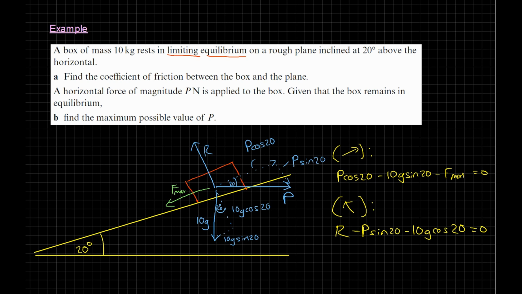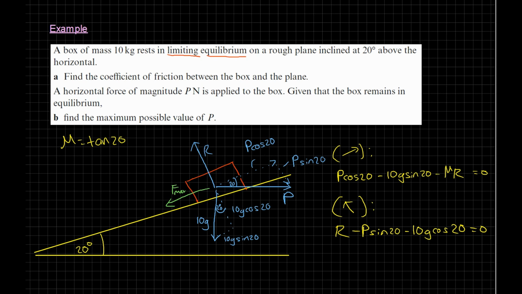Let's just think for a moment, this F max, what should that be? Remember F max is mu times R, so let's change F max to mu times R. We found the coefficient of friction in the previous section. What did we say it was? It was tan 20.